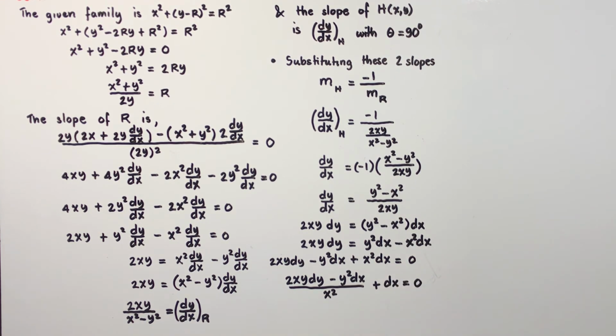Now you see that this one is already an integrable combination, because this is just the differential of the quotient of y squared over x.